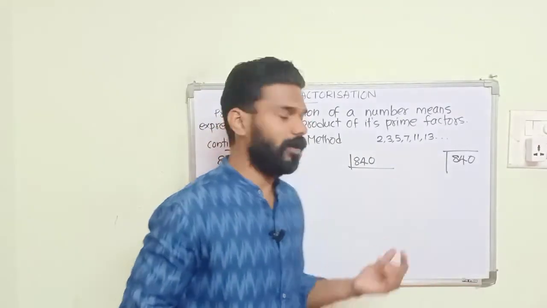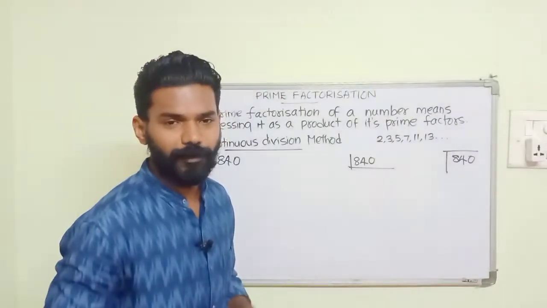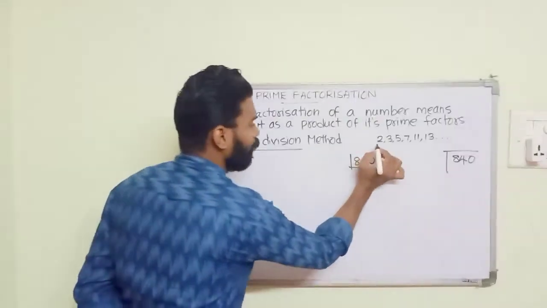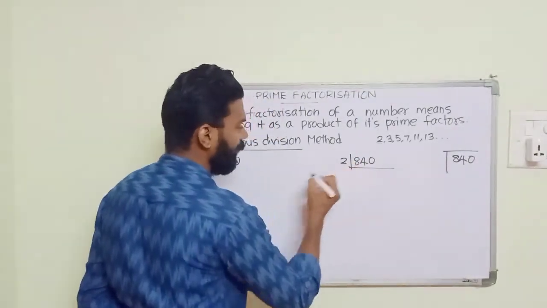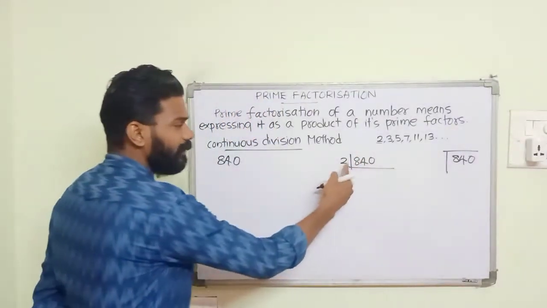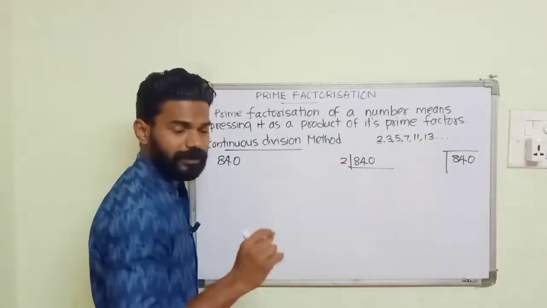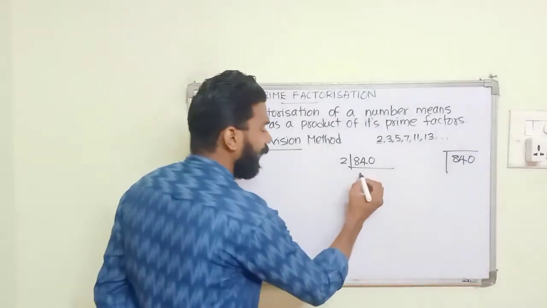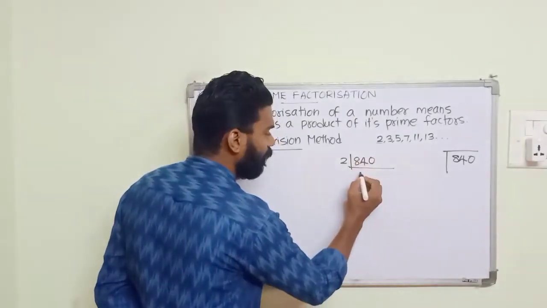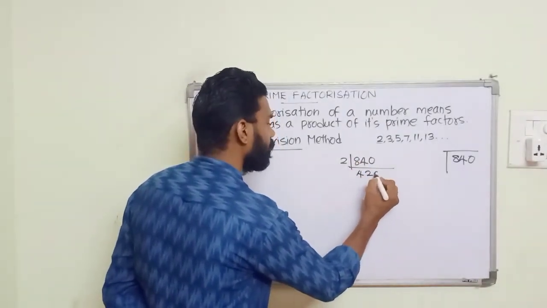Absolutely yes, because 840 is an even number. So we will begin with the smallest prime number 2, by which we will divide this 840, and we have the idea that when 840 is divided by 2, the answer will be just the half, 420.